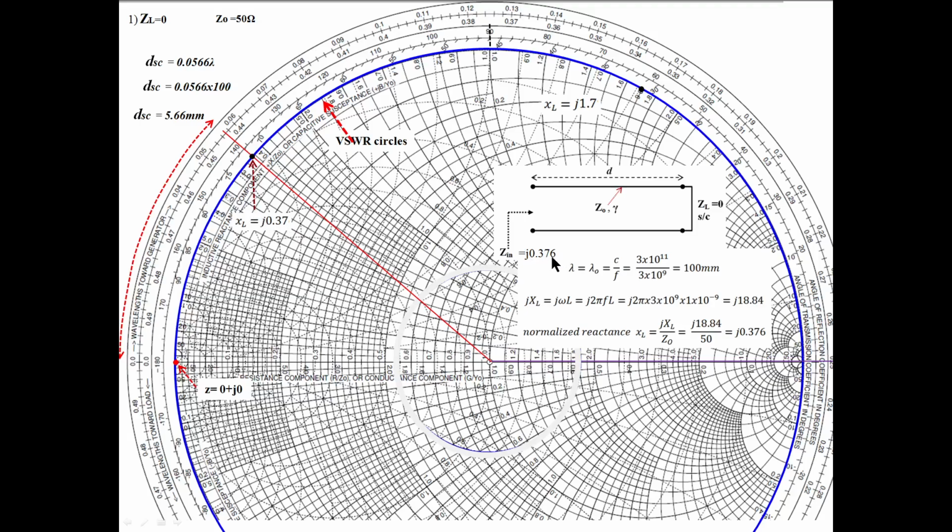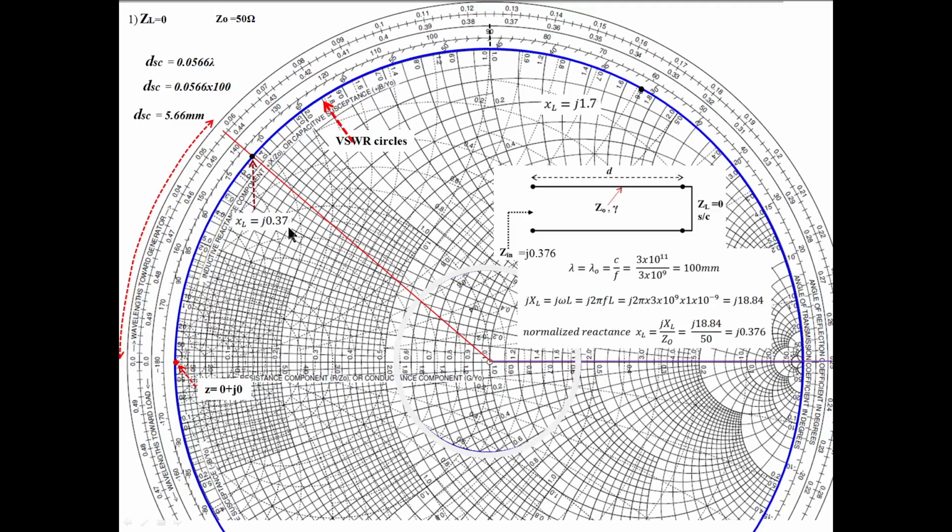But I want 0.376. So how many divisions should I move here? This is the 0.4 circle, so this is automatically the 0.38 circle.